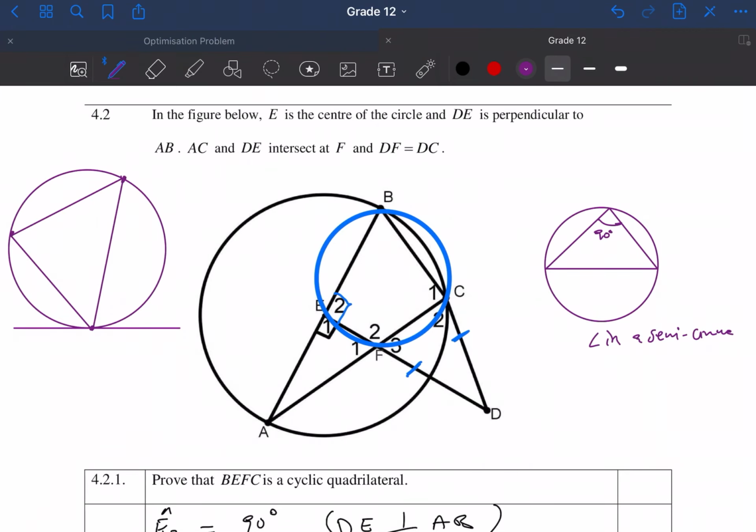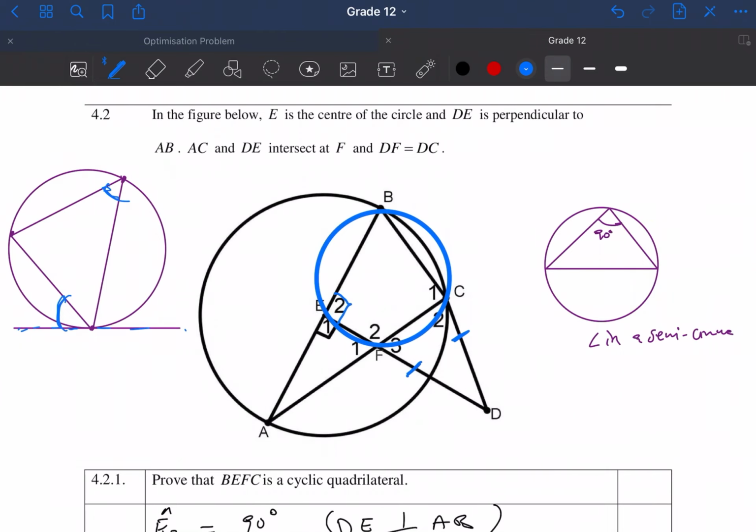Now this theorem says that an angle between a tangent and a chord is equal to this angle here. So if we can prove that this is equal to this, therefore we know this is a tangent.